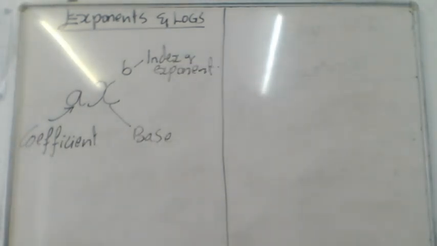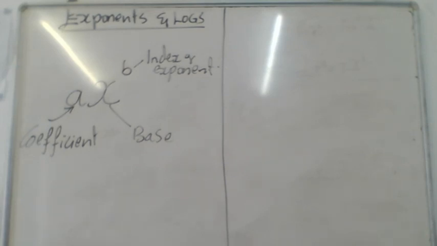So that is what these are. A is the coefficient, B is the index, and X is the base.